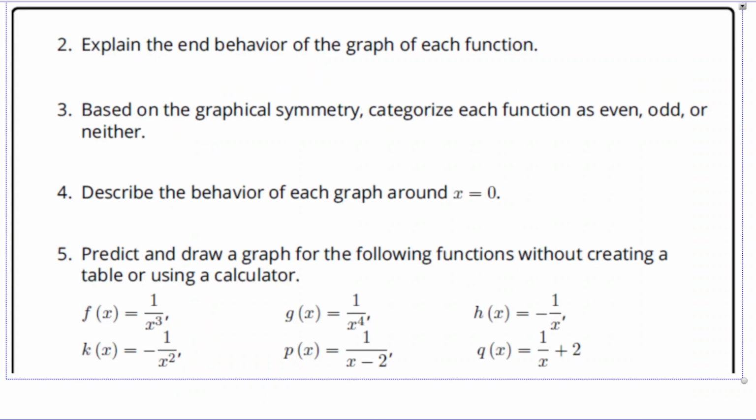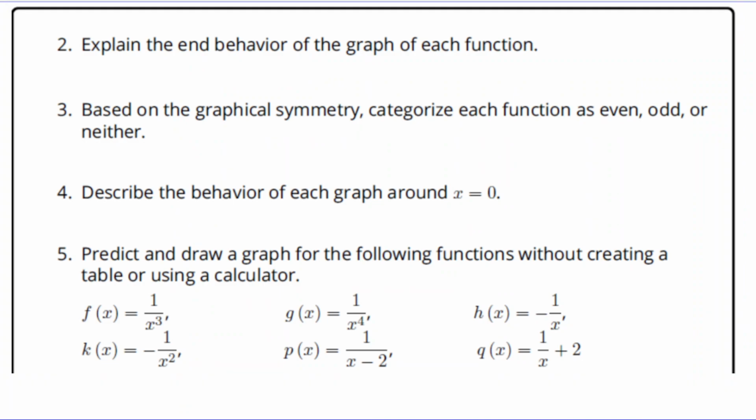For example, when you get to the next page, and you get to problem 2, it says explain the end behavior of the graph of each function. Okay, so here, write down your paper. Okay, and the end behavior is 1, or wait a second, this is 2 now, right? So as x approaches positive infinity, what happens to f of x, right?